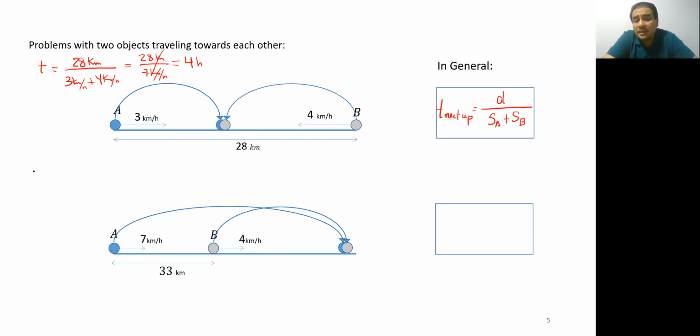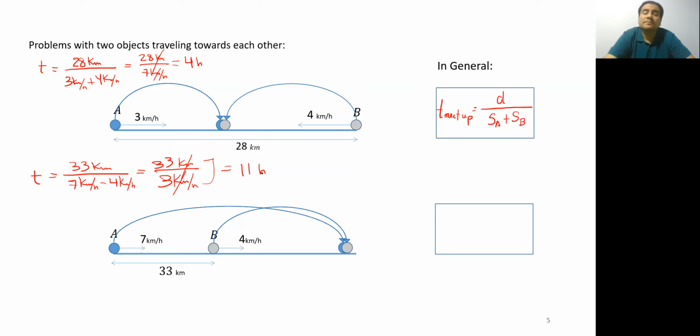So in order to find the time that will take mobile A to catch up with object B, you just need to divide the original distance separating them by the difference of the speeds. So this here would be 33 kilometers divided by 3 kilometers per hour. Kilometers and kilometers go away and the hours go up.